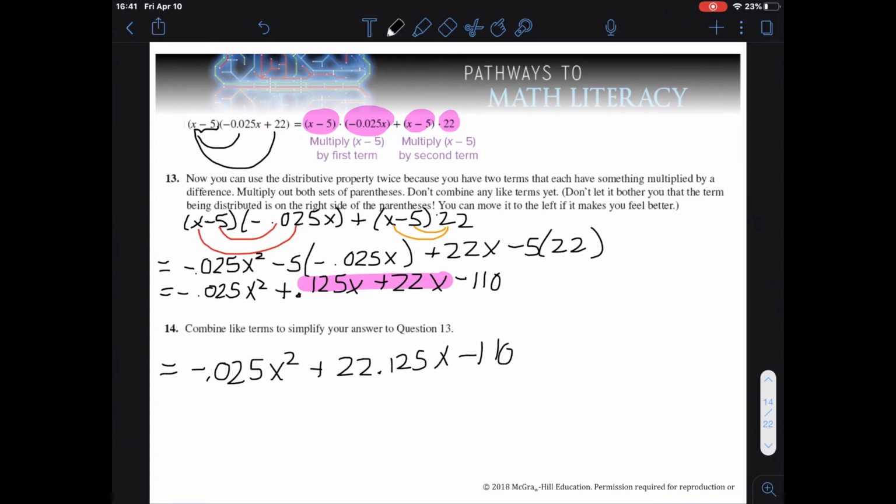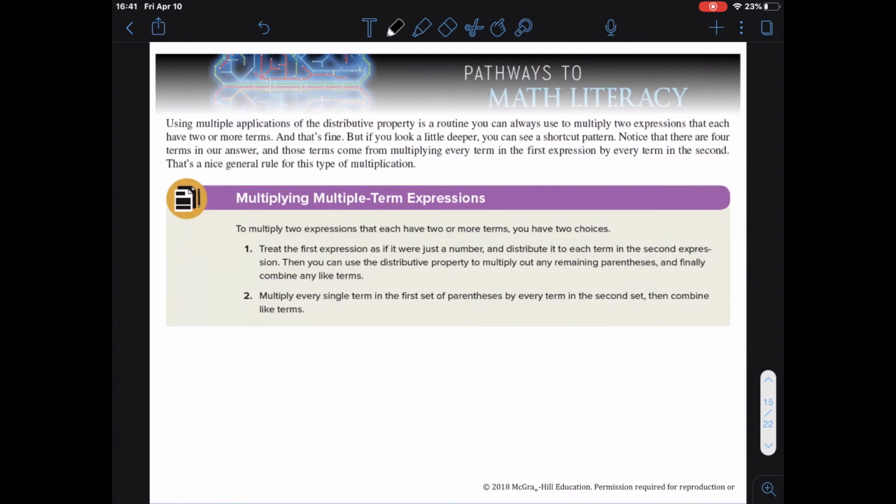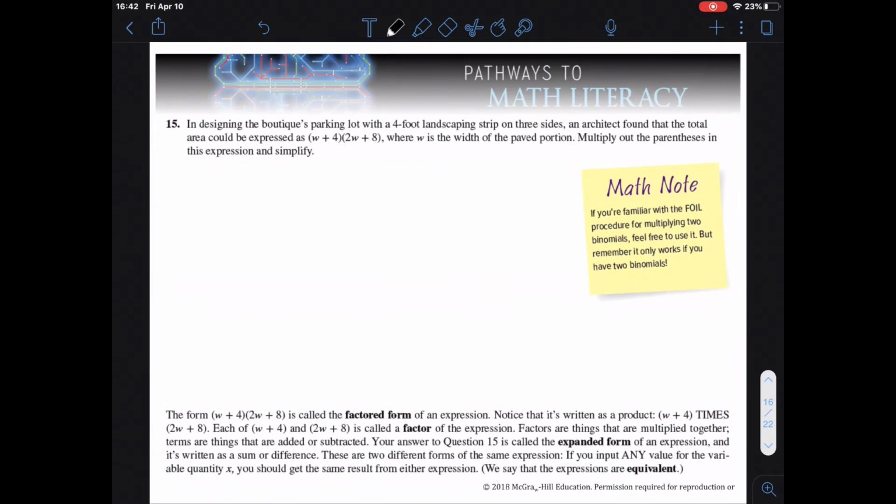This is our simplified expression to figure out our revenue from losing 5 jars. So the process of multiplying two terms is you distribute the one piece to both of the others, and then you apply the distributive property again. Pretty much each term in the parentheses will come in contact with the terms from the other parentheses.